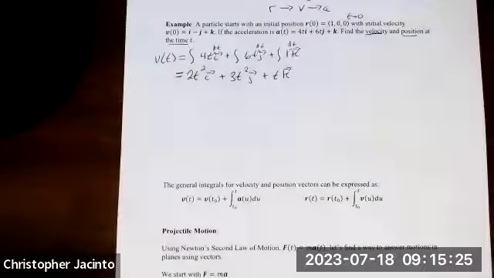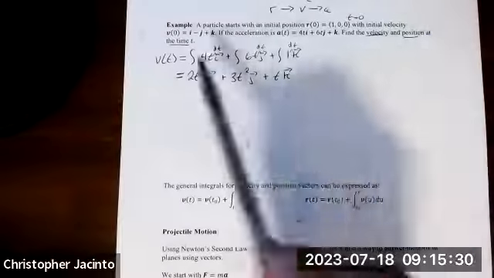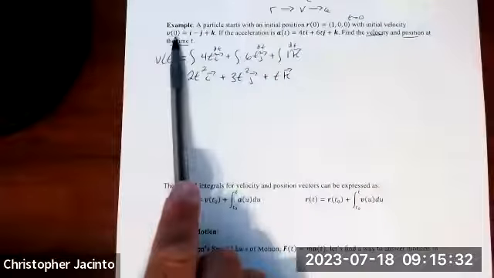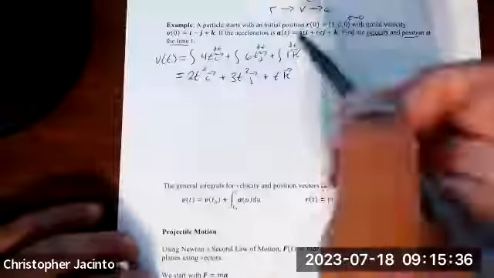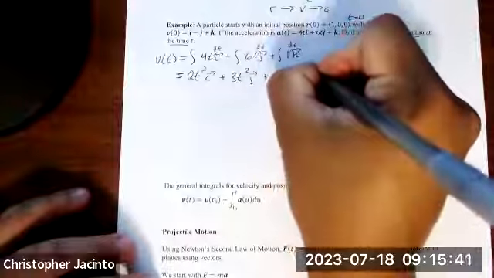Now, remember, we're given an initial velocity, right? So when t is equal to 0, we have this. Now, remember, when I take the integral of a velocity vector, I have a constant vector.